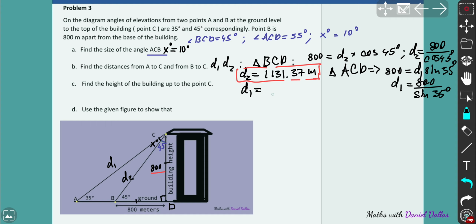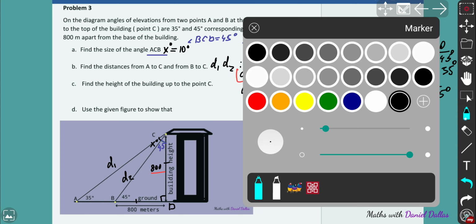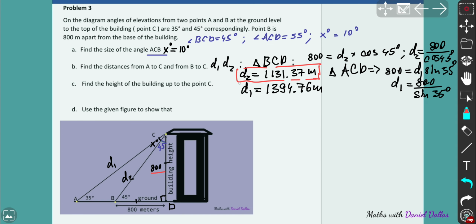And what I've got for the distance is 1394.76 meters to 2 decimal places. All right, so we've got the second distance, actually D1, but we did it in the second step. All right, so we've got 2 distances, and we've done A and B.